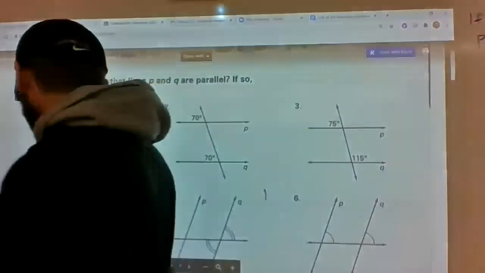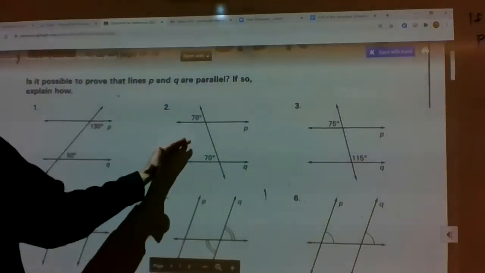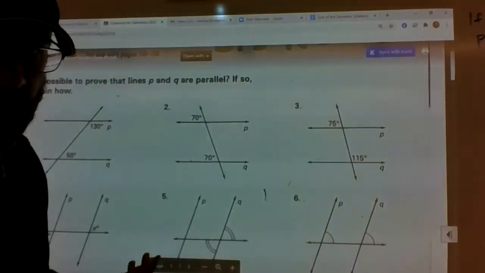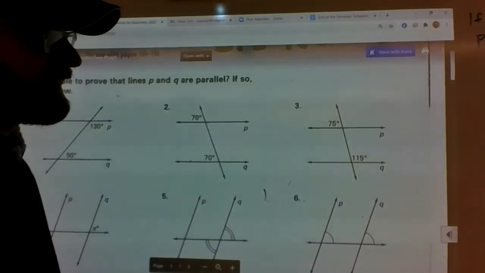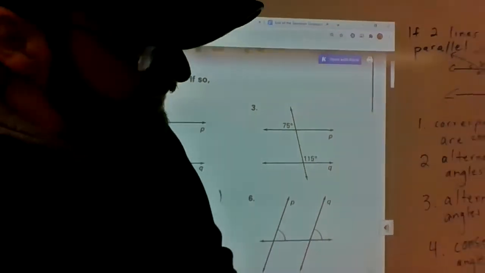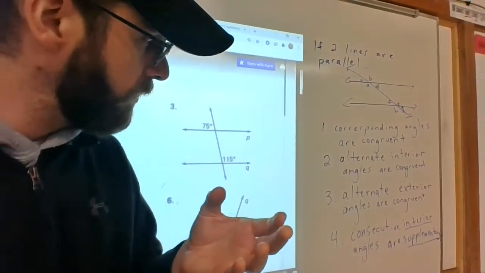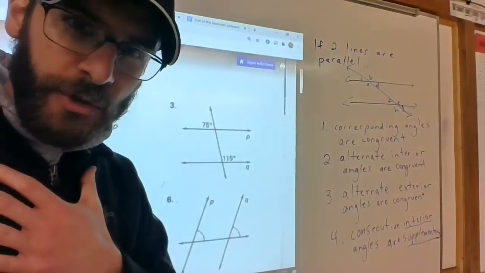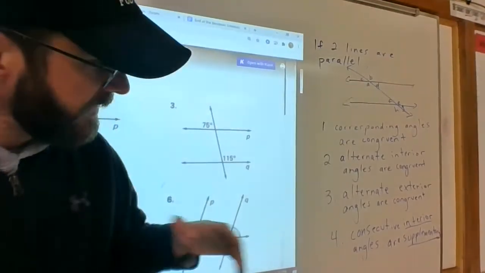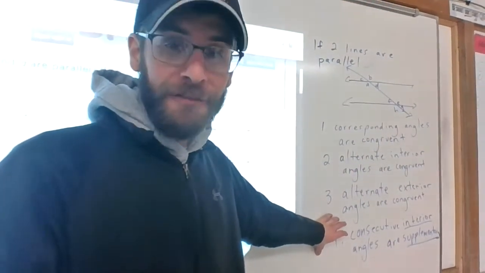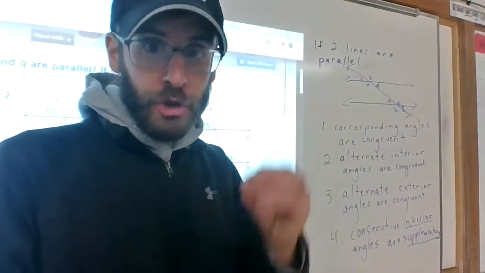So, our first set of tasks are to determine whether or not these lines are parallel. And what we're going to do is use these as our potential reasons, the reverse of them. So, I guess what I'm saying here that you got to trust me with is that the converses of these statements are true.